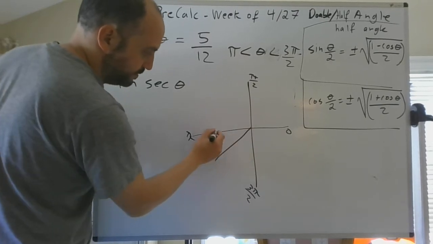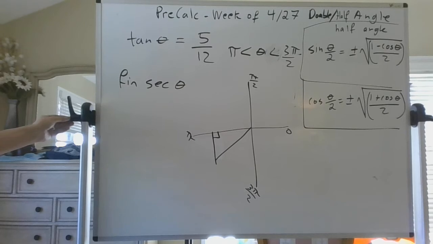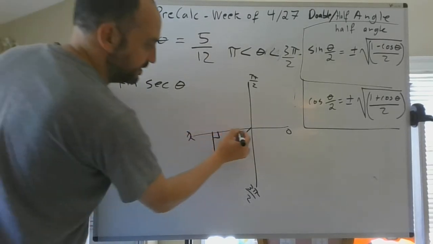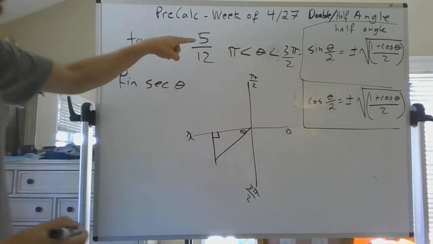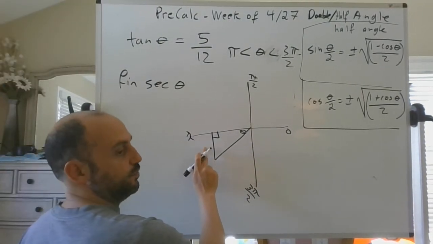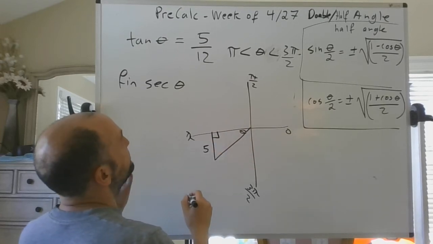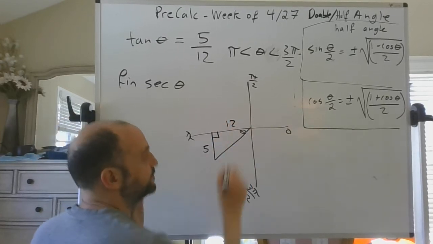I'm going to draw a right triangle here. And so it says the tangent of theta is 5 over 12. Remember, tangent is opposite over adjacent.